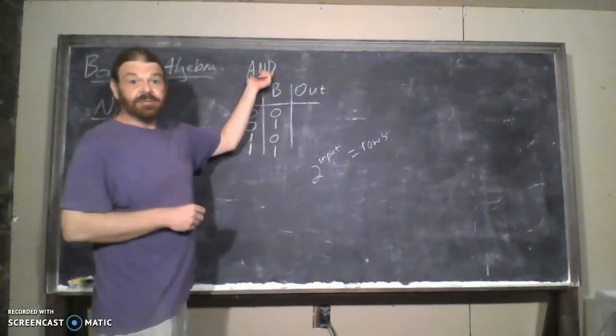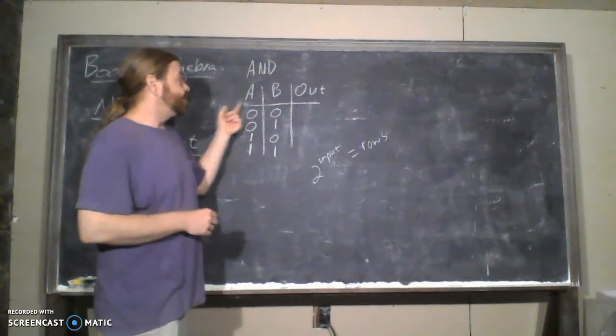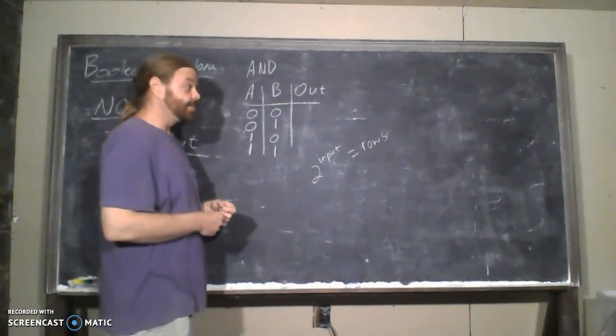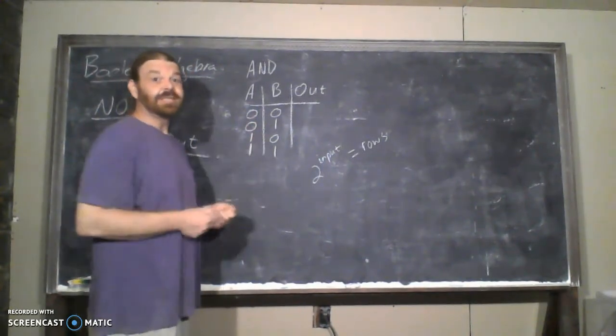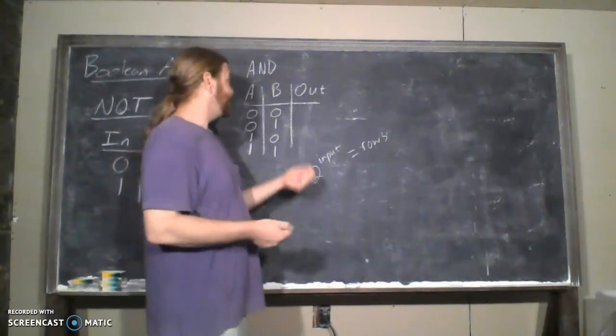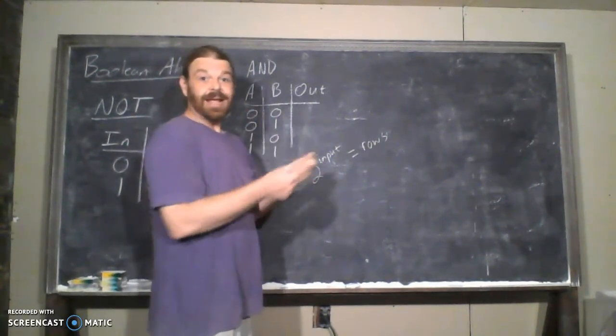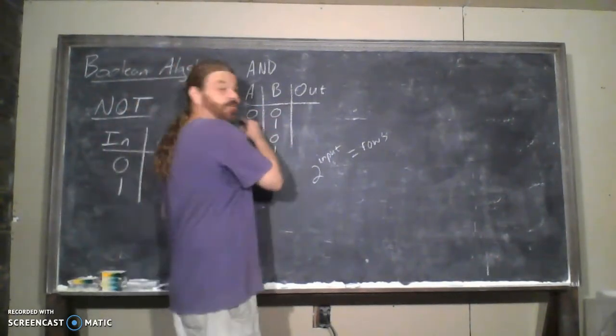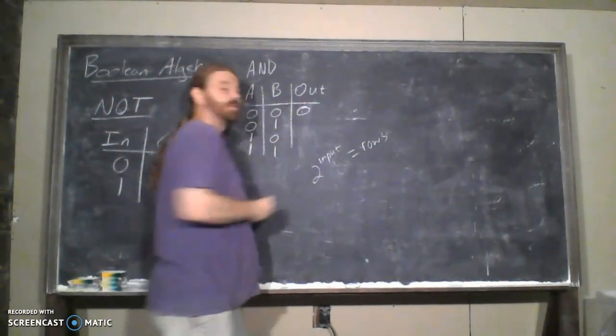So AND is inclusive. Filling this out, the words on and off make sense, right? We have two switches, like 2 light switches on the wall. They're AND. So if both switches are off, the light's going to be off.